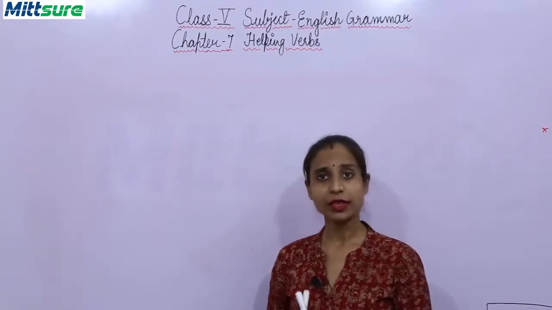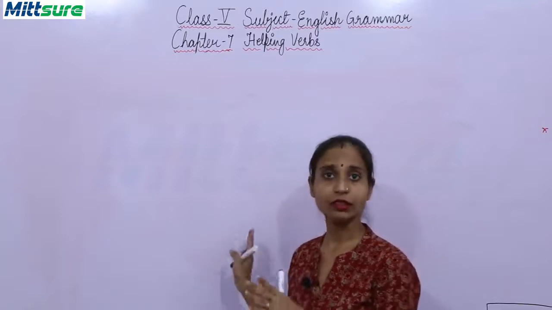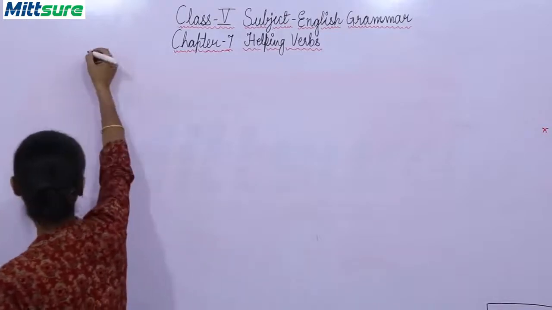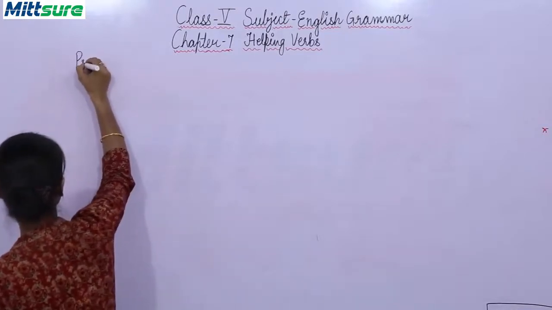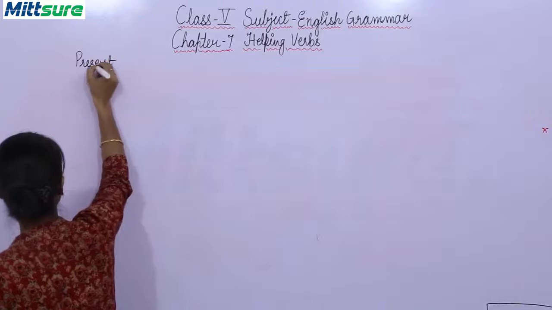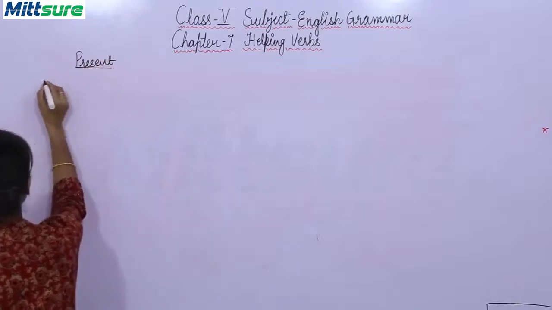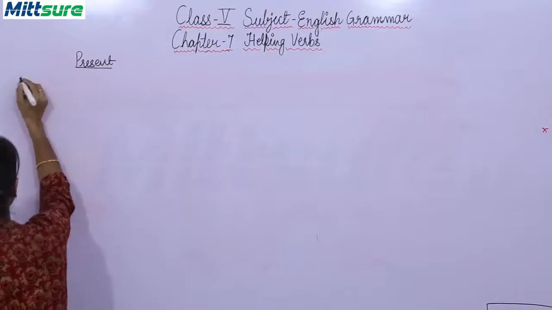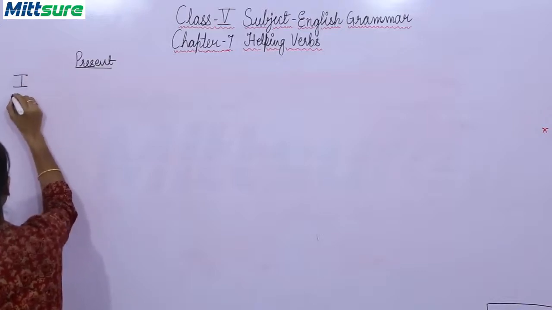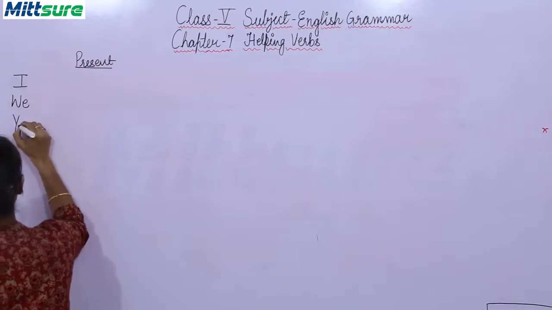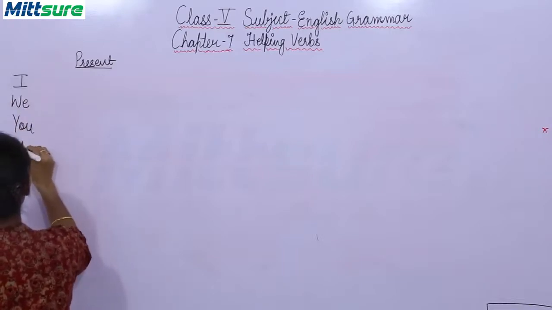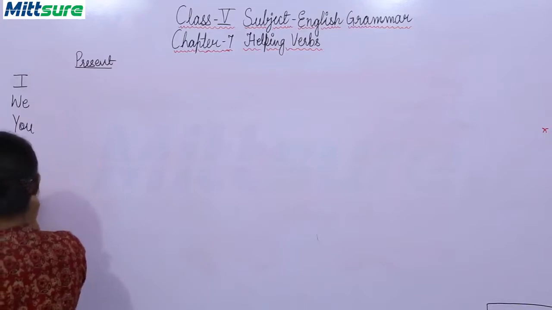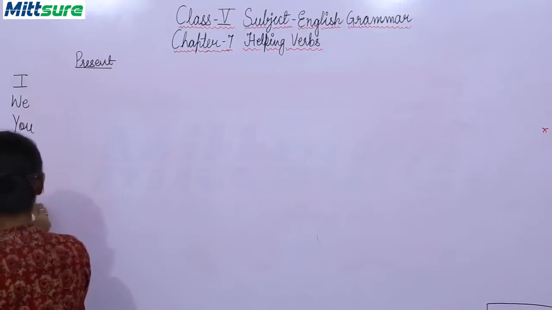Now, let us have a recap of all the helping verbs we have studied. So, first we will talk about the present tense. In present tense, what were the subjects? I, we, you, he, she, then it and they.